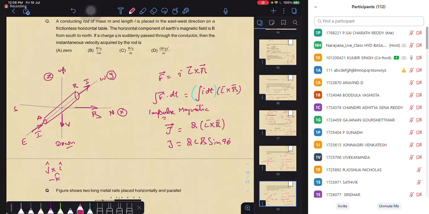It gives minus k. So the velocity is in your minus k direction.